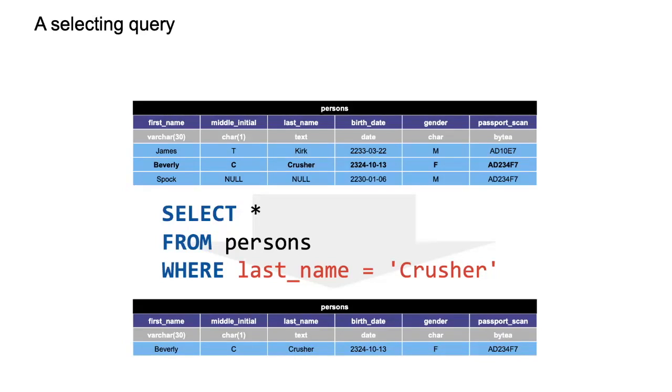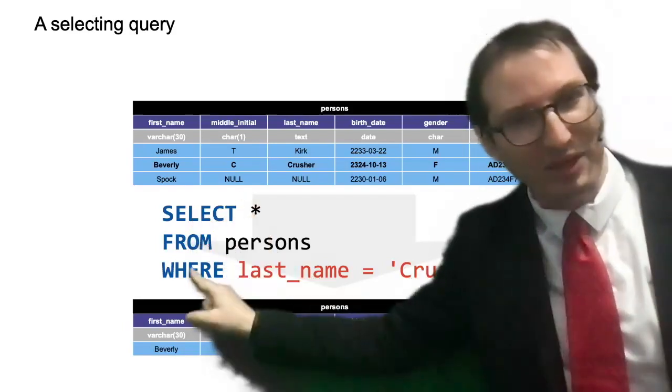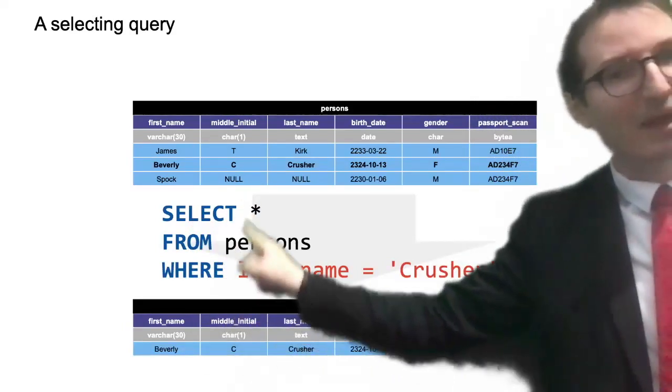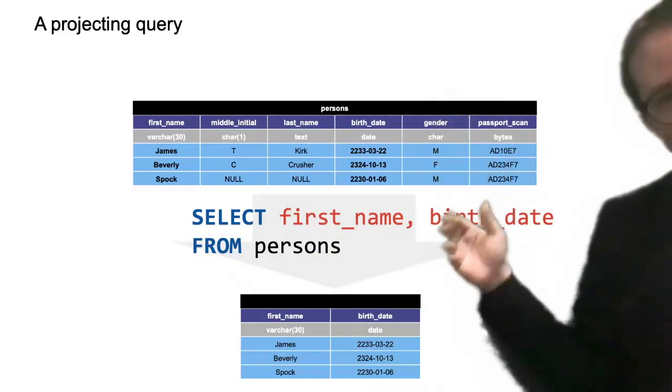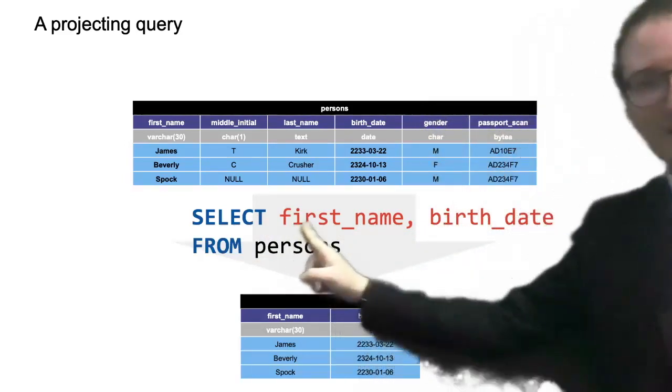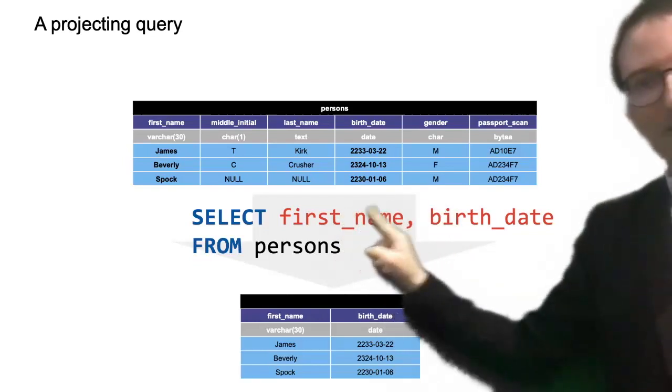Right? So this is where you need to be careful because it can be confusing. The selection is not done in the select clause, as you might think, it's done in the where clause, right? In fact, in the select clause, you project. So you just need to get a little bit used to it. But here you specify a projection of the columns. So you select first name and birth date.